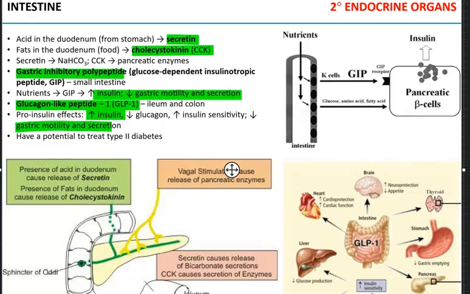Reduced gastric motility and secretion means that the food stays in your tummy longer. That makes sense? Which means you feel full longer. You don't eat that often. Okay? And so basically, the study started long ago, and now it is used to treat type 2 diabetes, indeed. But the side effect? Weight loss. This is why it is so popular now.